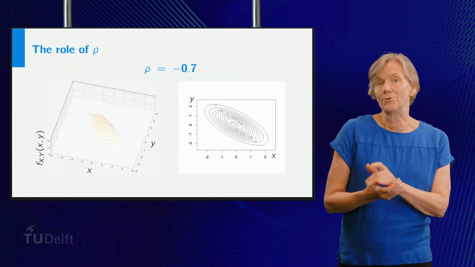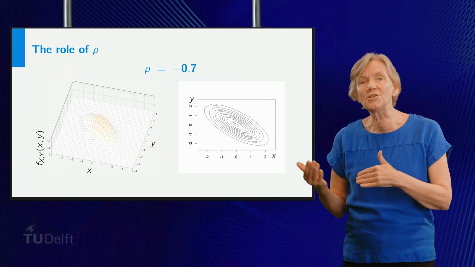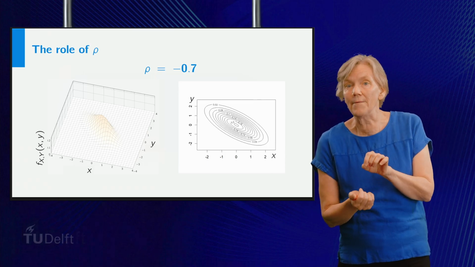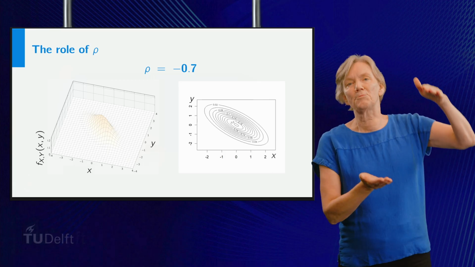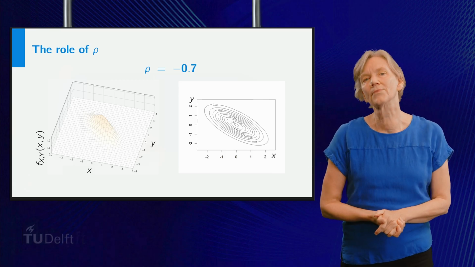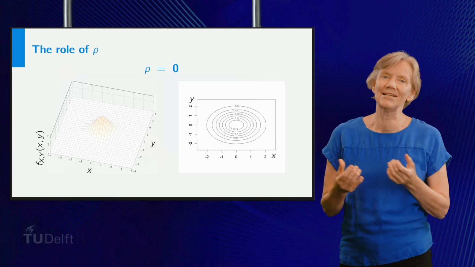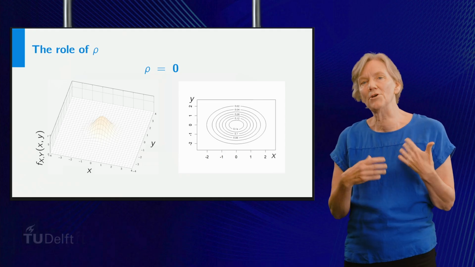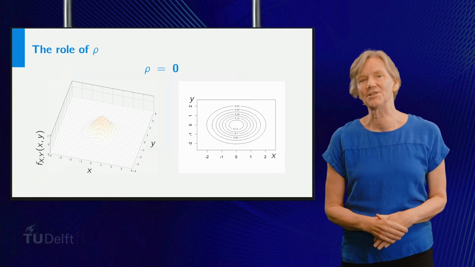The negative rho value gives joint distributions where large values for x lead to smaller values for y, and vice versa. For pairs with small x, you would expect larger y values. A special case is when rho is equal to 0. Then there is no positive or negative trend in the data. We have used the rho of 0 to model the body lengths of pairs of neighbors.